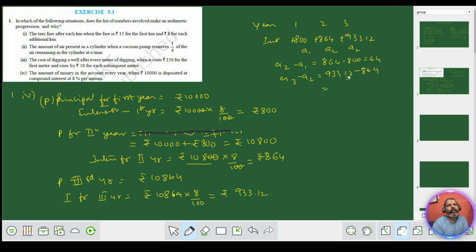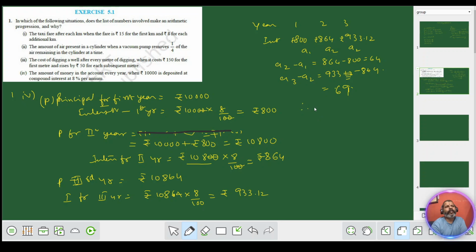I'll take the whole number, 933 minus 864. You can calculate and subtract here. 13 minus 4 is 9. Definitely it's not constant, whatever you get. 12 minus 6 is 6.